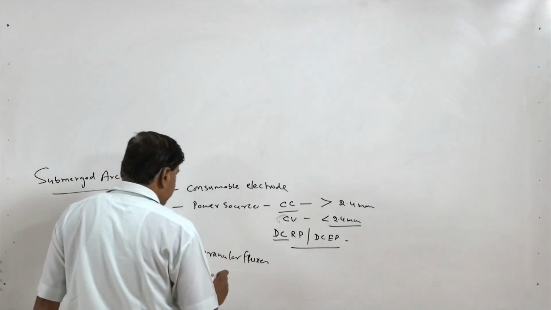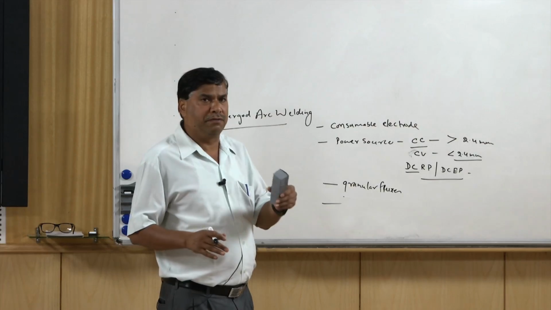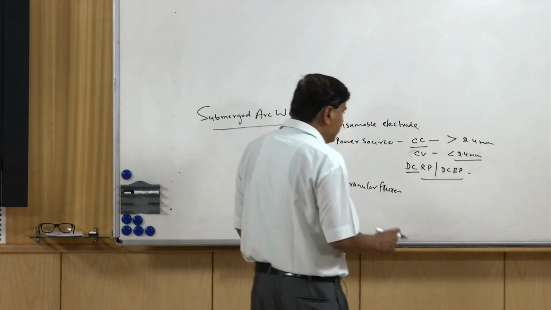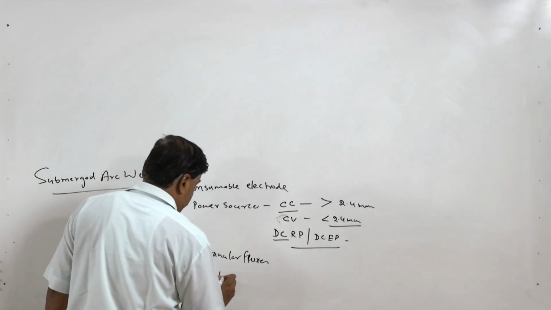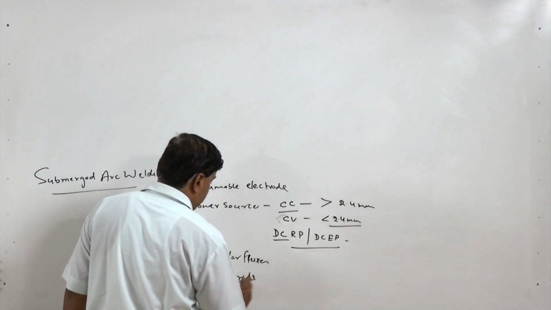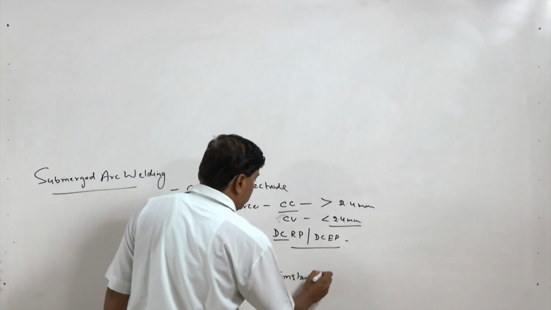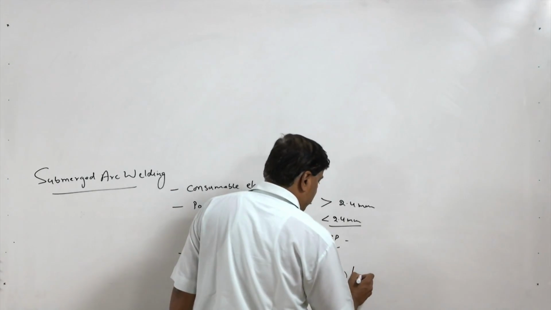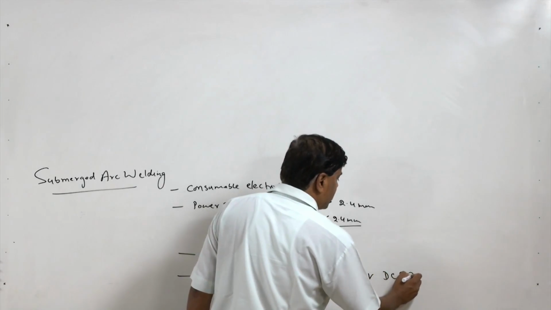Electrodes, normally the continuous electrode is wrapped in the spool of the electrode and is fed continuously. So, different feeding mechanisms are there for the electrodes. These can be fed at a constant speed, especially when we are using the constant voltage power source with the DC reverse polarity.